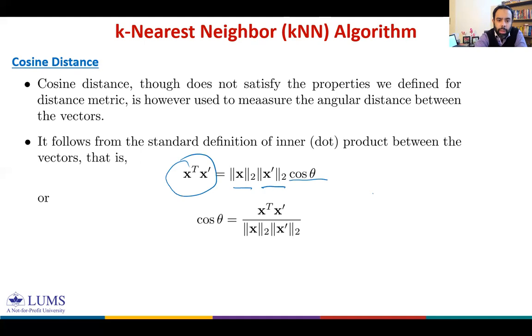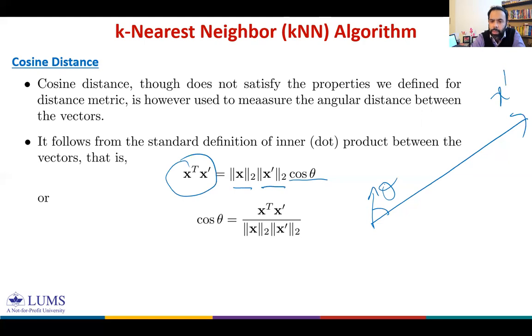For example, if this vector is x, and say this vector is x dash, then this theta is the angle between these two vectors. And when you take the cosine of this angle, what you get is the cosine distance.